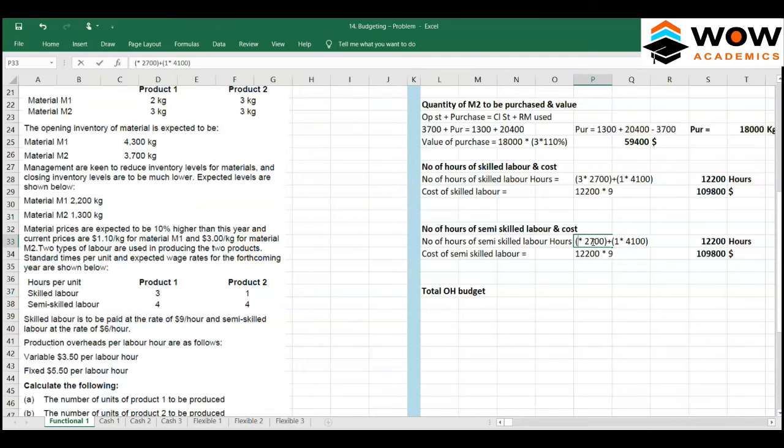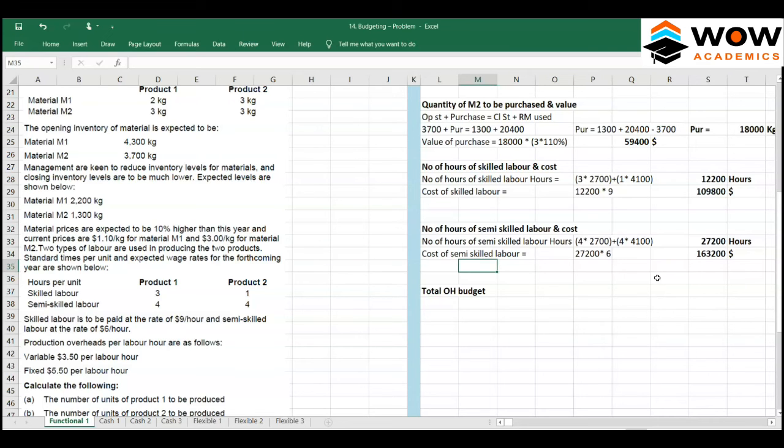So how many hours of semi-skilled labor do we need? We need 4 hours of semi-skilled labor, and for product 2 also we need the same 4 hours. So we can copy this formula, paste it here, and get the total hours required, that is 27,200. That number has to be multiplied by a rate of 6. So we got our total answer. So these are the total hours and dollars required.